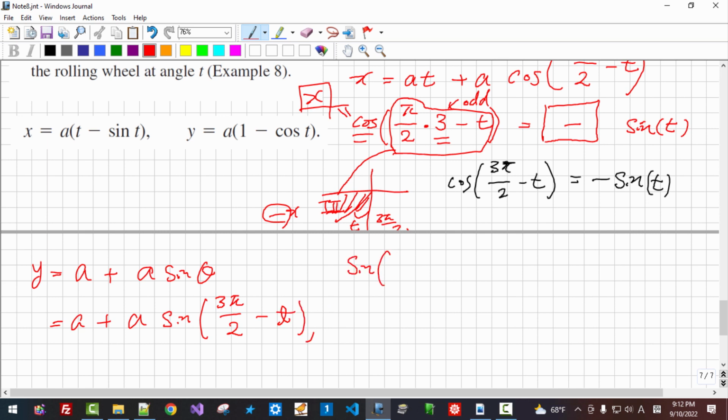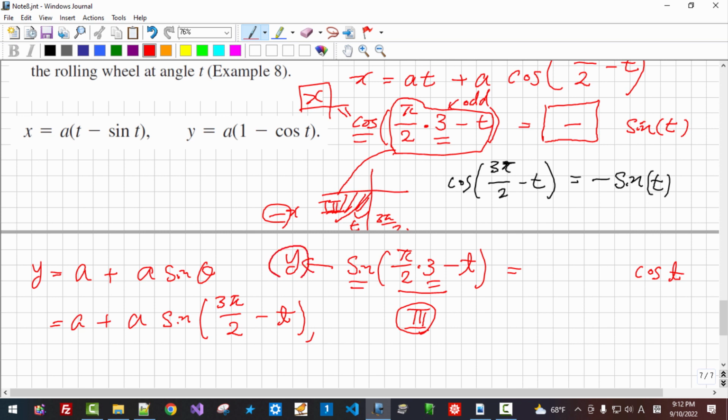Sine of pi over 2 times 3 minus t, 3 is odd, so cosine t. This angle is in the third quadrant. Sine follows y.